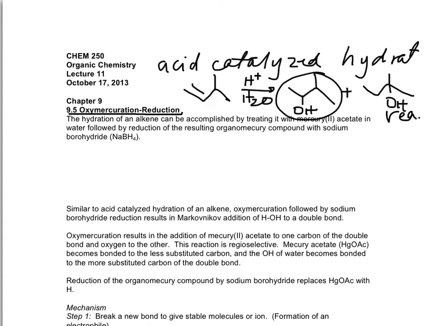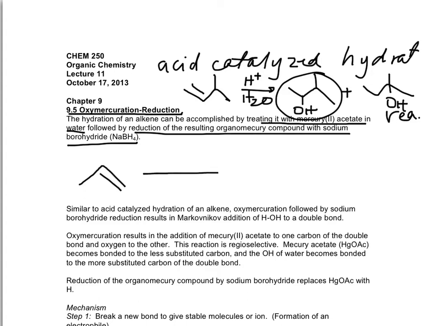oxymercuration-reduction of an alkene. We're going to treat an alkene with mercury 2 acetate in water, and then we're going to reduce it with sodium borohydride. So overall the reaction looks like this.